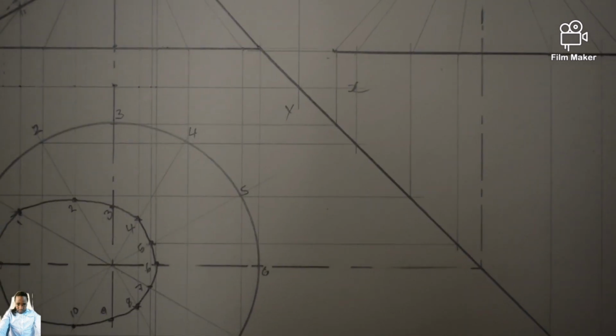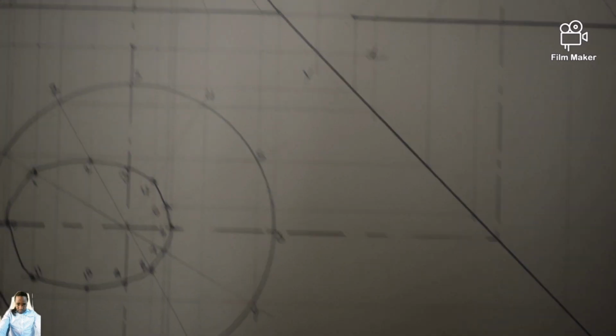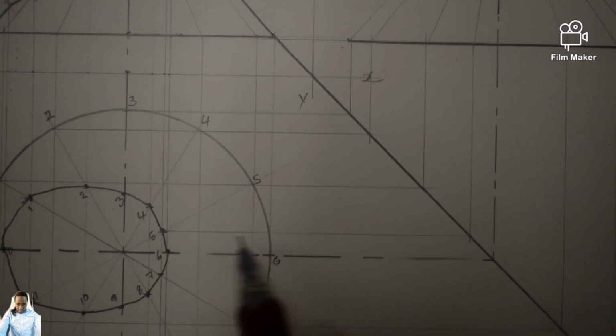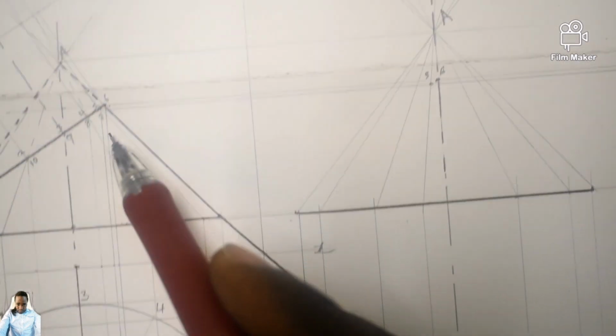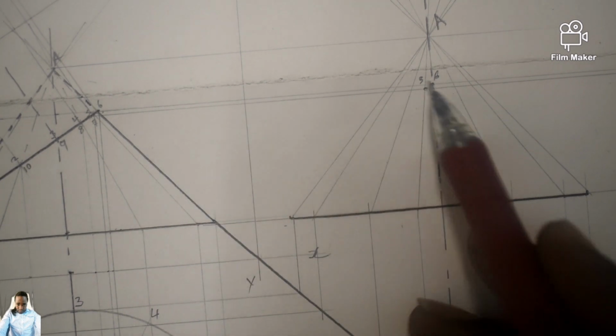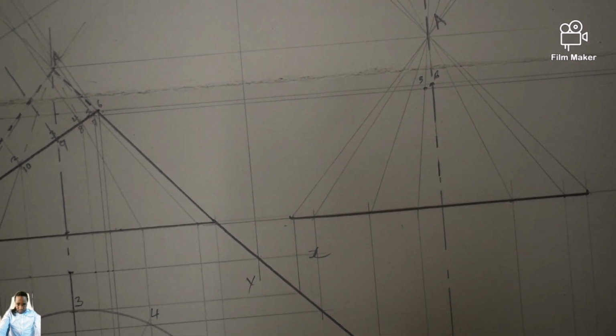So now to get this 5, we took it like this. That goes from there, isn't it? So what is here? It was intersecting with this one right from there. So where they intersect, they give me a point 5.